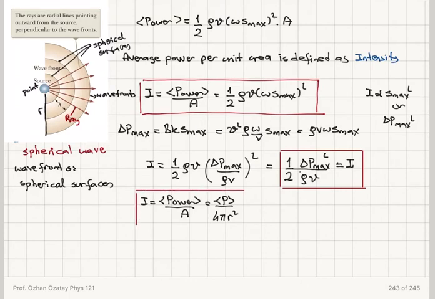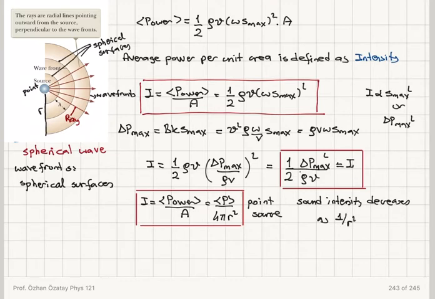So the intensity for the point source changes with radial distance like this. For the point source, sound intensity decreases as 1 over r squared, where r is the distance between the point source and the point of interest where I'm trying to calculate the intensity of the sound.